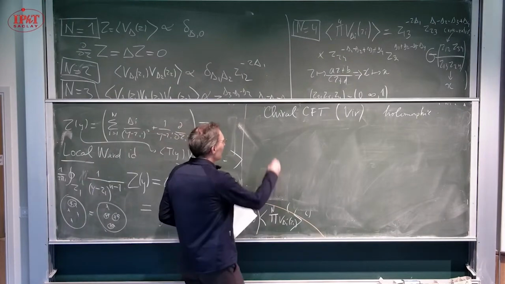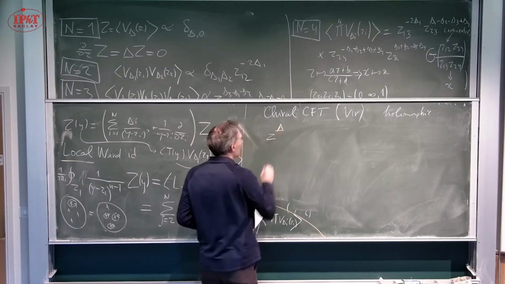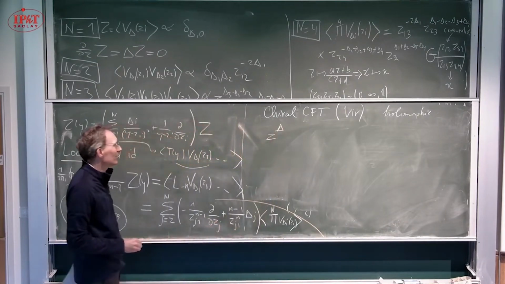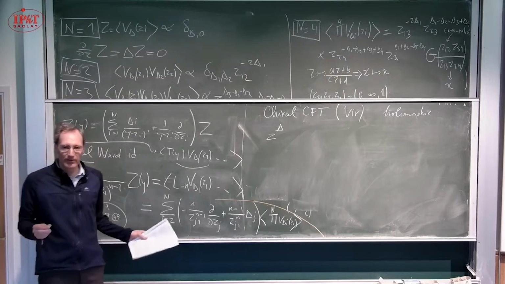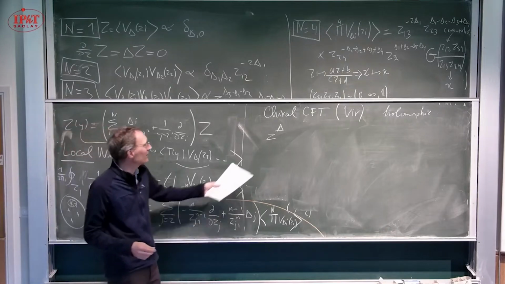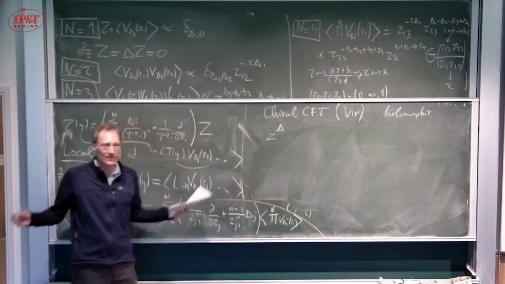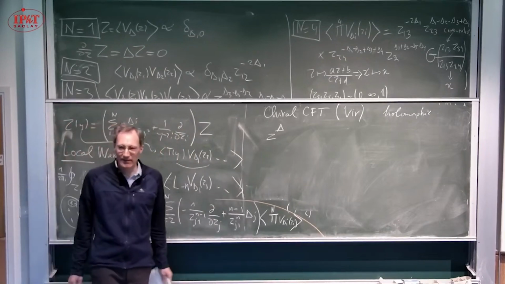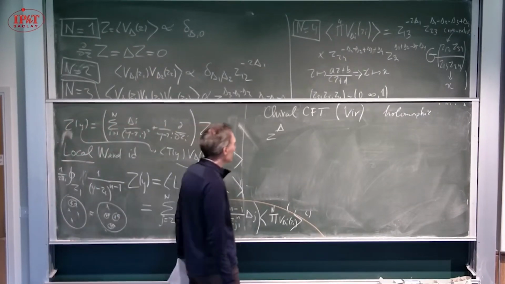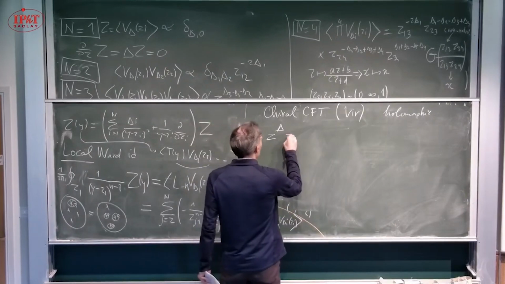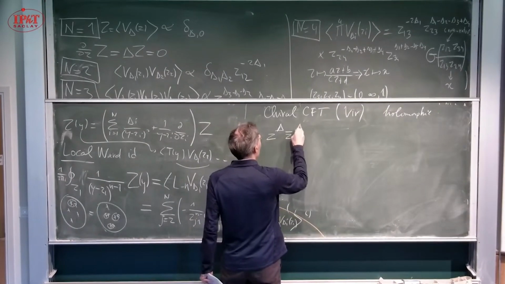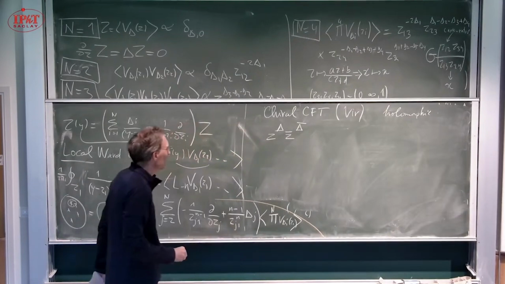In particular, we have functions of the type z to some power delta. But correlation functions in the real world have to be single valued. You don't want to have branch cuts. And if delta is not integer, this function is not really well defined. So the functions we would want to have are of the type z to the delta, z bar to the delta bar.